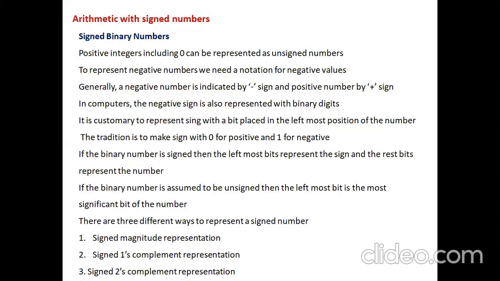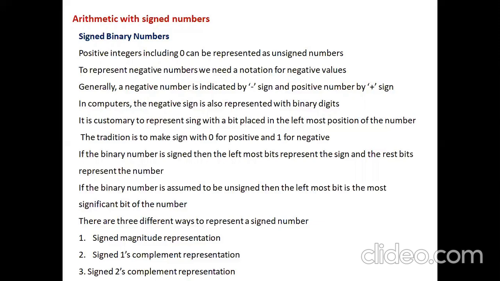It is customary to represent the sign with a bit placed in the leftmost position of the number. The tradition is to make the sign 0 for positive and 1 for negative. When the number is positive, you put it as 0, and if the number is negative, you put it as 1. So where we are going to put the 0 and 1, that we are going to see. If the binary number is signed, then the leftmost bit represents the sign, and the rest of the bits represent the number.